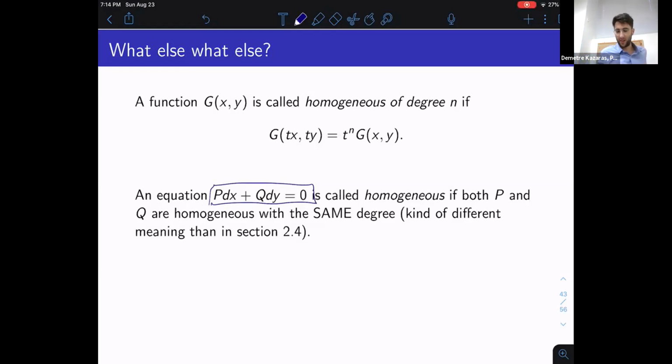I'll give you an example in a second, but if they're both homogeneous of the same degree, then we call the equation homogeneous. This is a slightly different meaning than we use for the terms homogeneous and non-homogeneous in the context of linear equations. Deep down it's the same notion because both have the same root word, but technically different.